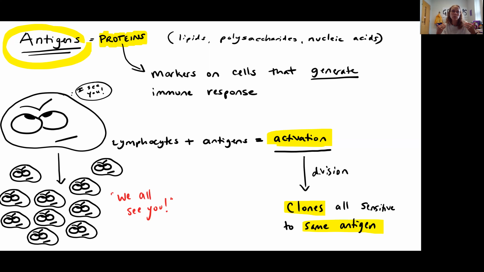So our bodies have to be producing millions of different types of T cells and millions of different types of B cells. So no matter what antigen we're exposed to, we can have an immune response against that antigen. That is part of our genetic makeup, the diversity of the lymphocytes that we are producing.